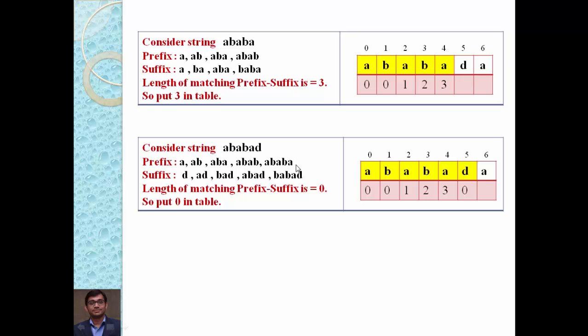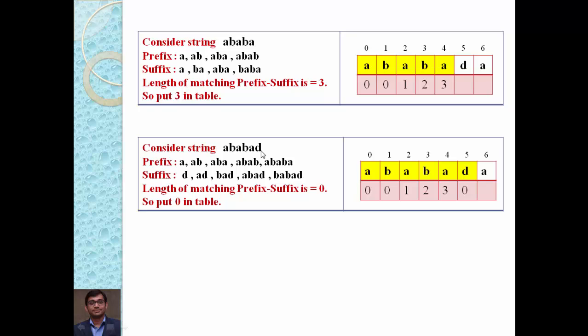Same way for the suffix, we need to start from the last character, that is D. The first single character D is a suffix, then AD is a suffix, BAD is a suffix, ABAD is a suffix, and BABAD is also a suffix.